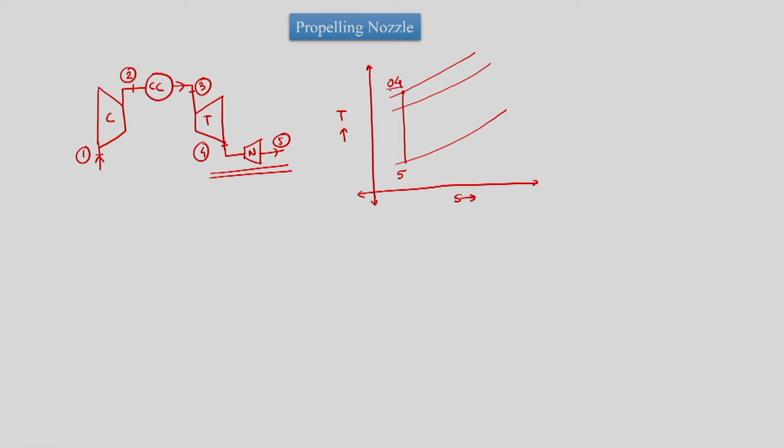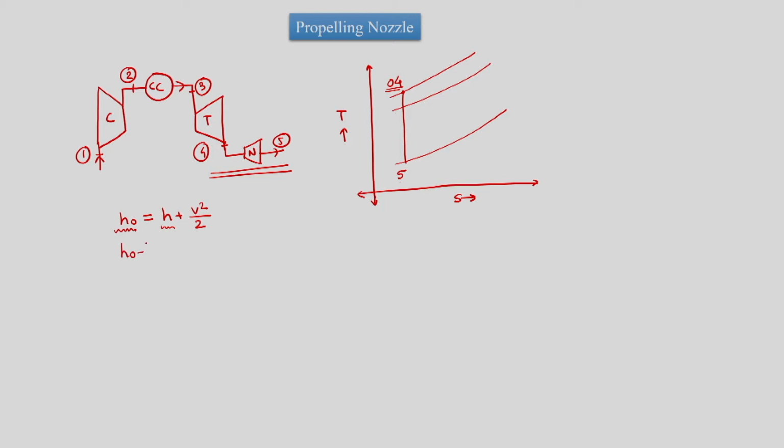We are using total conditions at the entry and static conditions at the exit. This has a relevance which states that H naught is equal to H plus V square by 2, where H naught is the total enthalpy at the inlet of the nozzle, and H is the static enthalpy at the outlet of the nozzle.